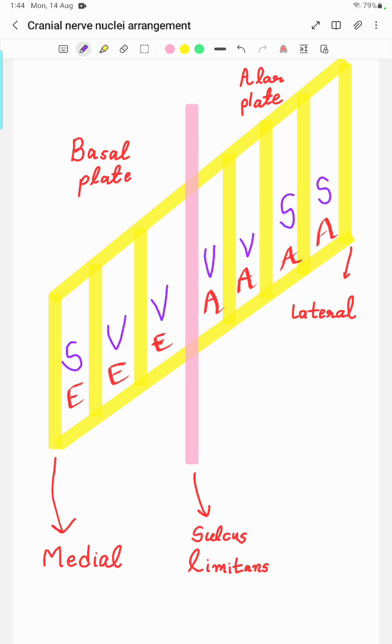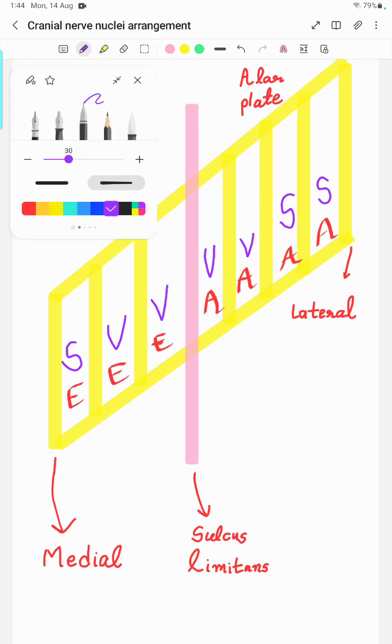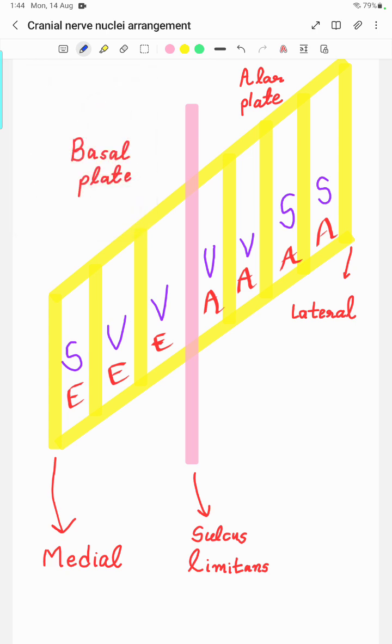Then third step is to write if it is a special or if it is a general sensation. So in that I've told you that special will lie inside, and general will be towards sulcus limitans.